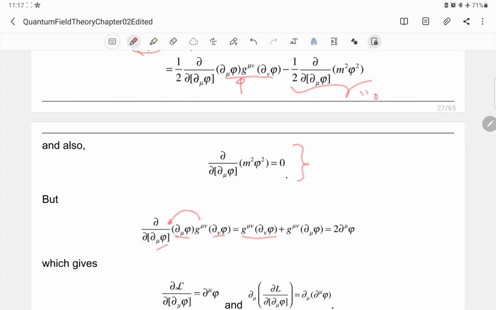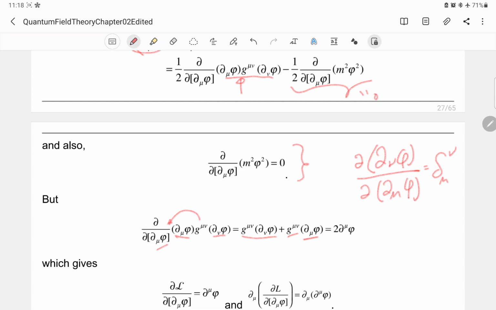So this one and this one is left, because the derivative of partial nu phi with respect to partial mu phi is just equal to the Kronecker delta.